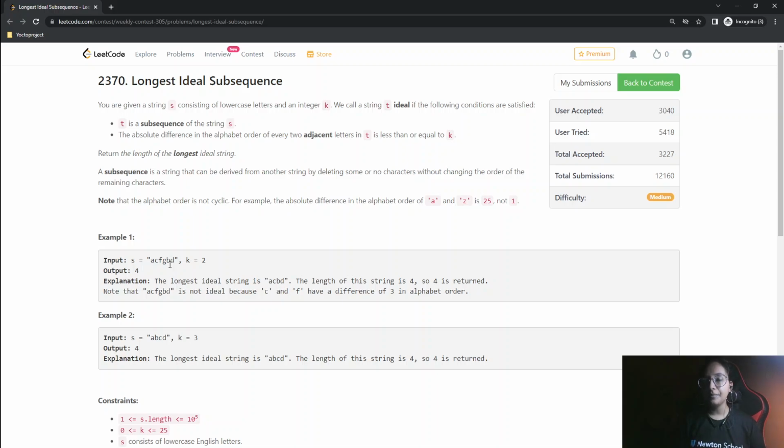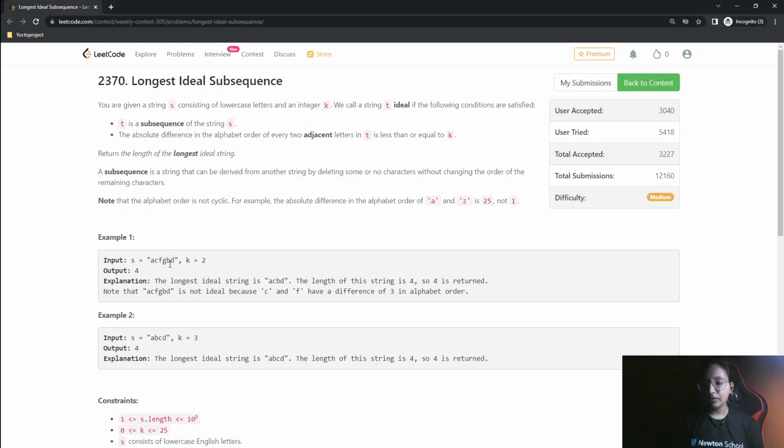Then B and D would be discarded, right? So D would be there. Then D, E, F, G. Then again, we required to discard this D. So now we got a subsequence which is of length 2.